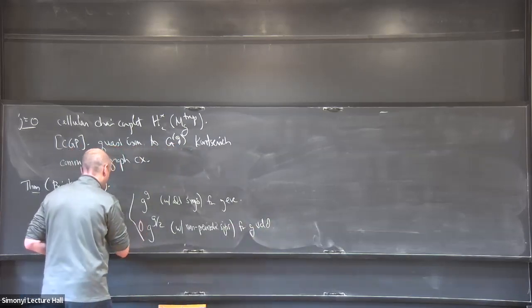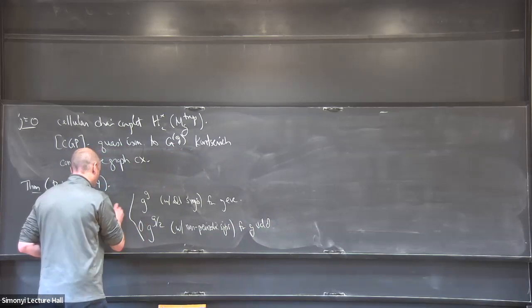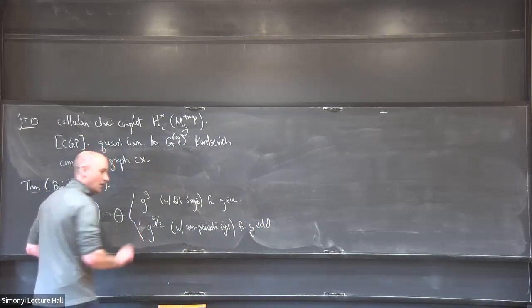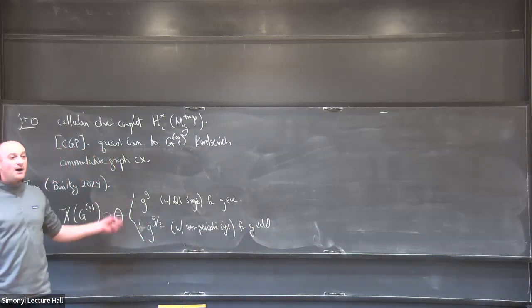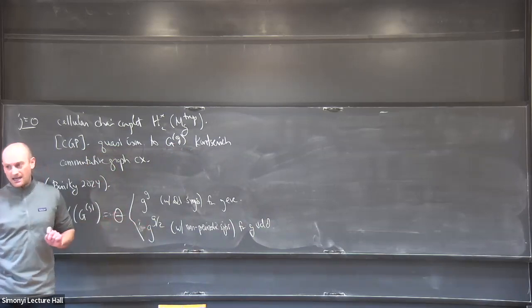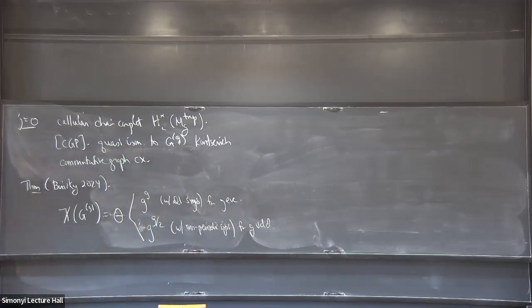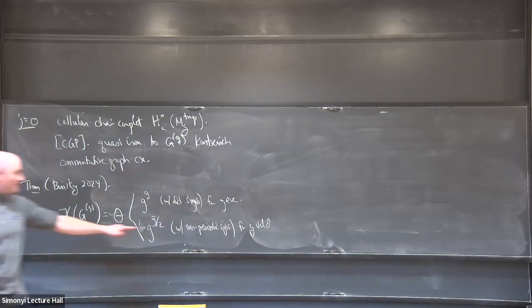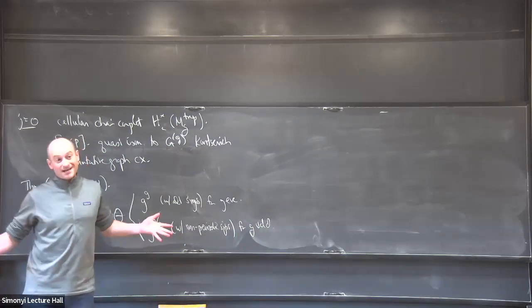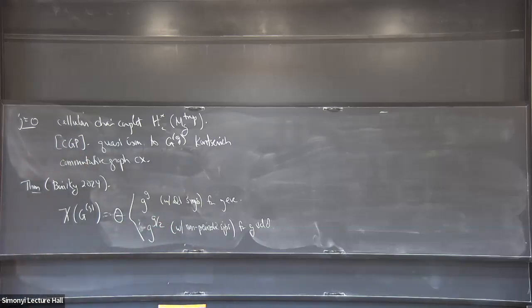Okay, so it's bounded above and below by a constant times g to the g over 2. And then in that range, it's oscillating wildly with chaotic signs. Okay, so there's something a little weird going on there, but this is super exponential growth.